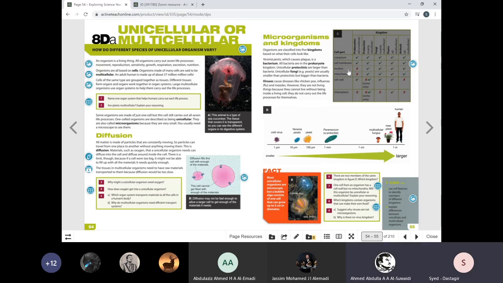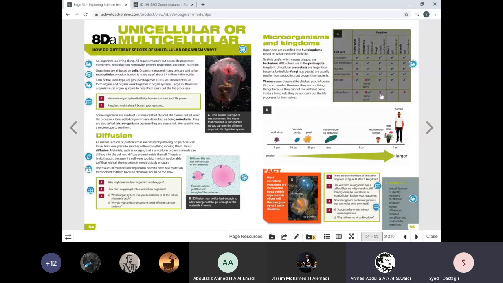No, they don't. Good. Mitochondria, they don't have. Cell wall, they do have. Chloroplast, they don't have. Protists, the really small microorganisms, generally have everything, but some of them don't have a cell wall and some of them don't have chloroplast. Fungi, again, have everything, but they don't have chloroplast.